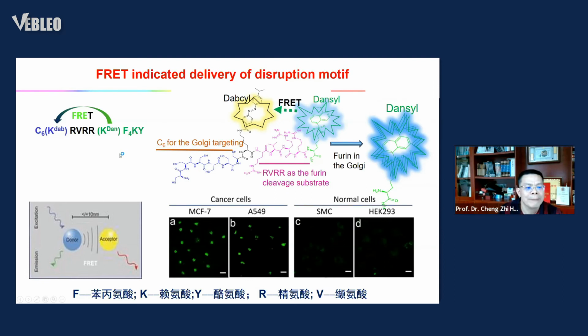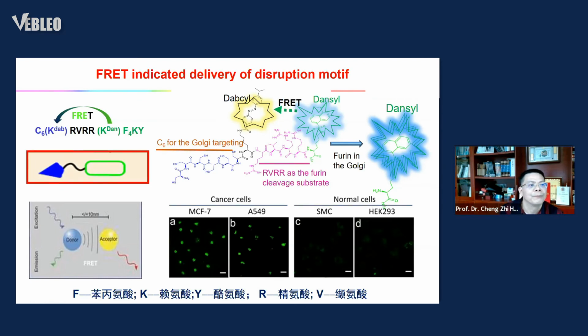For dynamic tracking, fluorescence donor and acceptor at the two ends of the cleavage substrates of furin during the delivery. The appearance of freight makes the fluorescence signal off, so that the delivery could be easily observed.